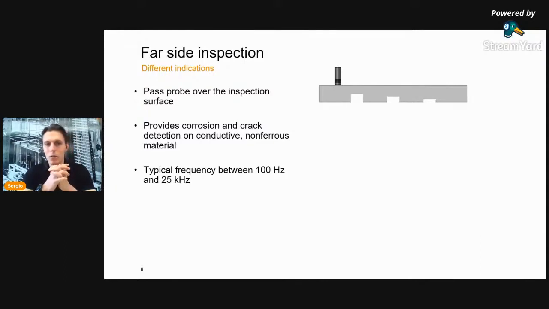And also, we should have a material that is non-ferrous. Let's say if it's a ferrous material, then the eddy currents will kind of be pushed to the surface and won't be able to penetrate the material, as for stainless steel or aluminium.